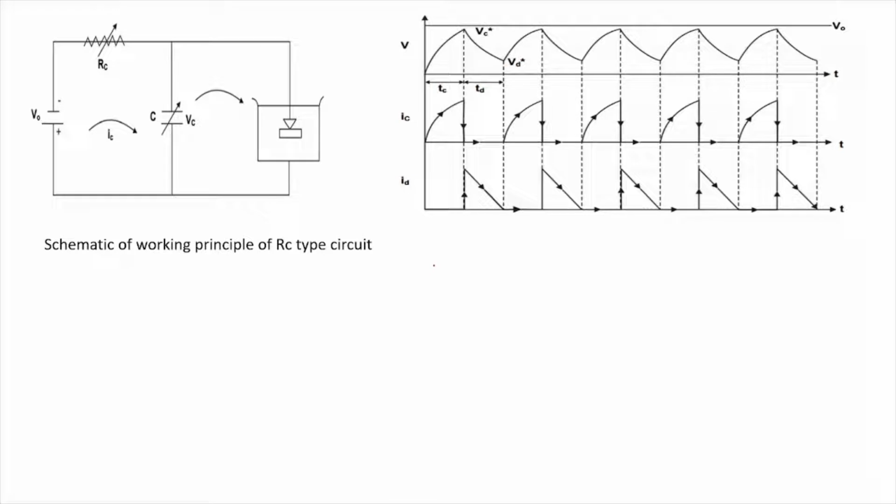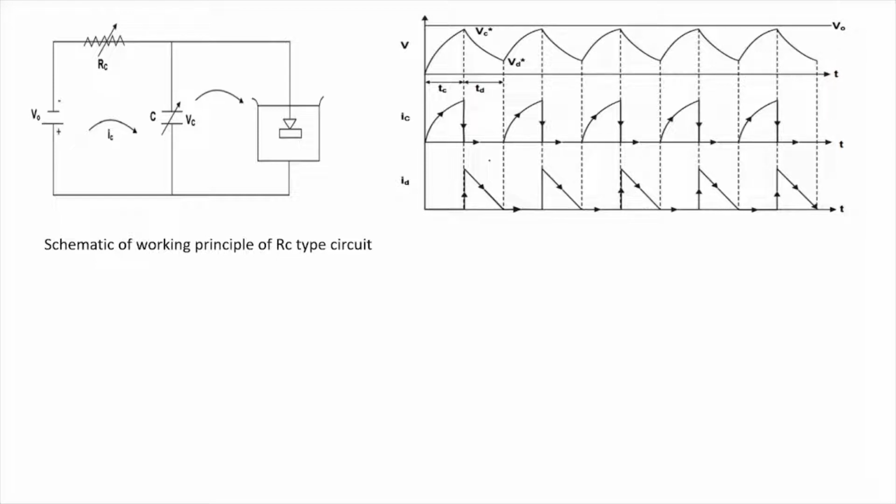Now we'll come to the RC type circuit generator, which I mentioned in the first slide itself. We'll come to that topic later, the RC type generator, that is the resistor-capacitor type generator. As we have studied in our other courses, a resistor dissipates electrical charge, and a capacitor stores electrical charge.